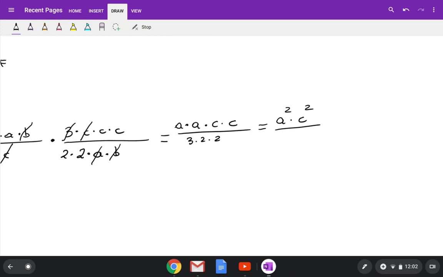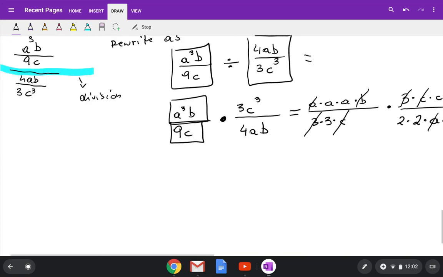And 3 times 2 times 2, which is 3 times 4, will give you 12. So we have a squared c squared over 12. Okay, and I just want to make sure that we see that this is a, not 9. So that's our final solution.